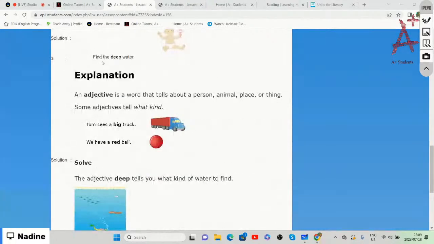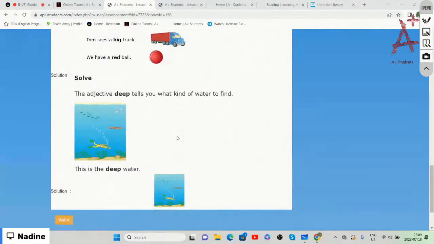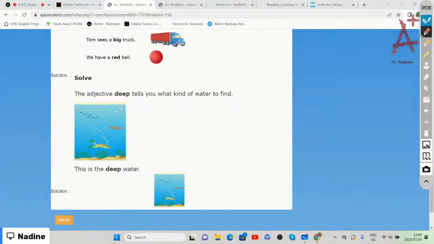All right, so they say we need to find the deep water. If we look at the picture over here, this is the deep water. And what shows us that this is the deep water?